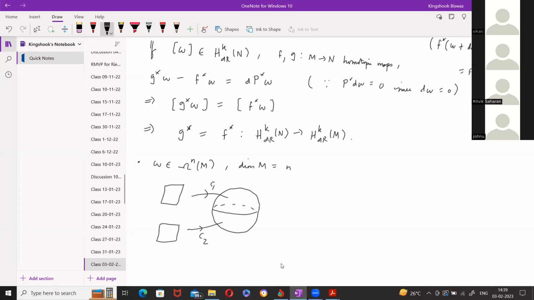Then you could try defining the integral of omega over your manifold M as the integral of omega over C1 plus the integral of omega over C2. This would be a natural definition.